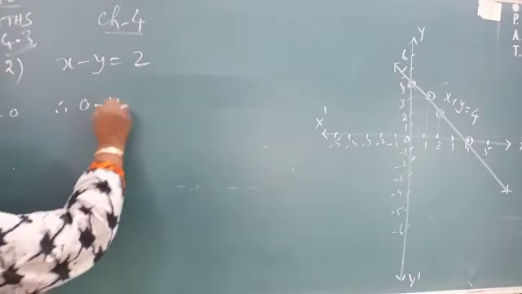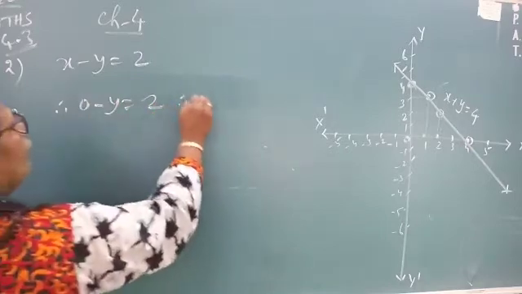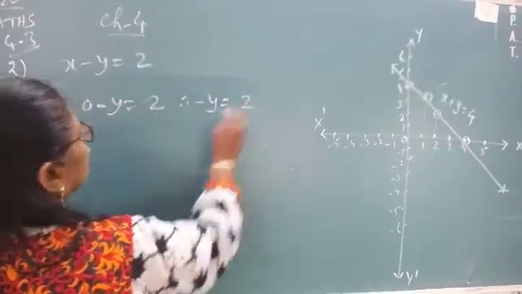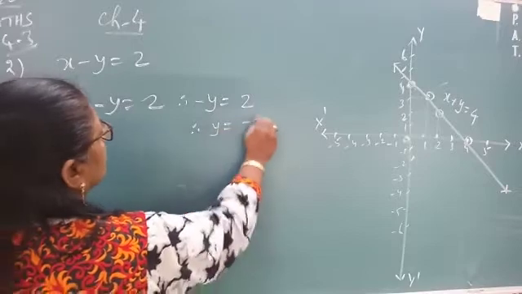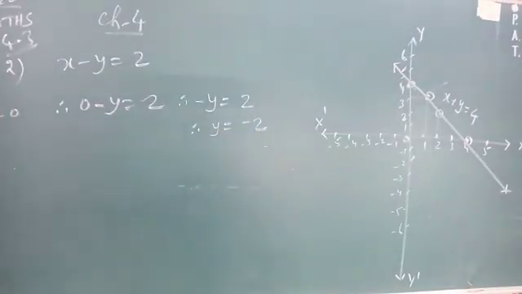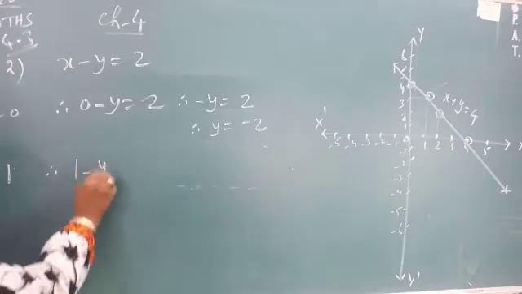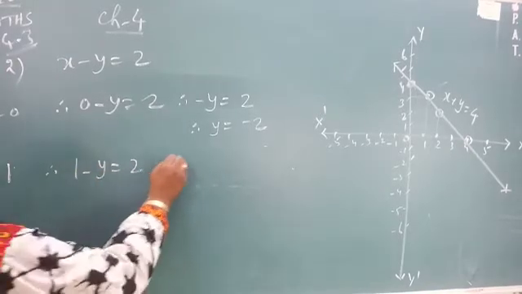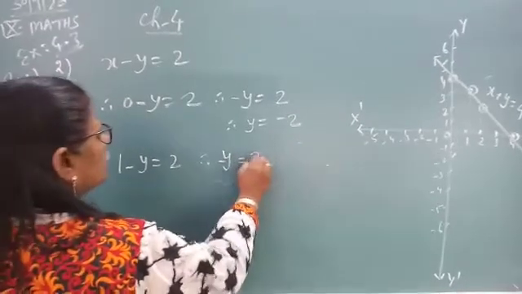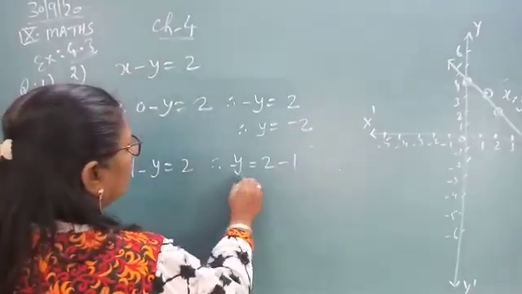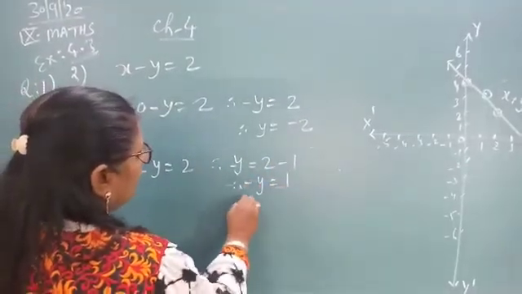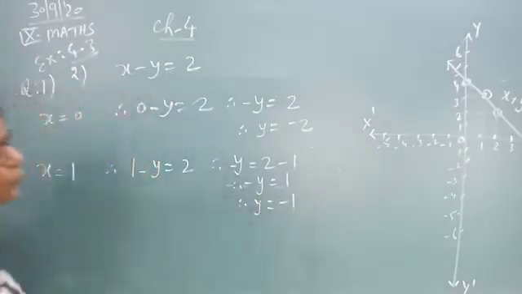Therefore 0 minus y is 2, therefore minus y is equal to 2, therefore y is minus 2. Clear? Now here we take x is equal to 1. Therefore 1 minus y is equal to 2, therefore minus y is equal to 2 minus 1, therefore minus y is 1, therefore y is minus 1.